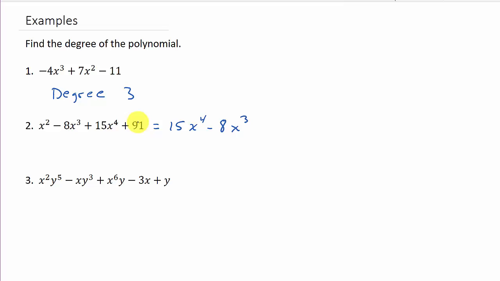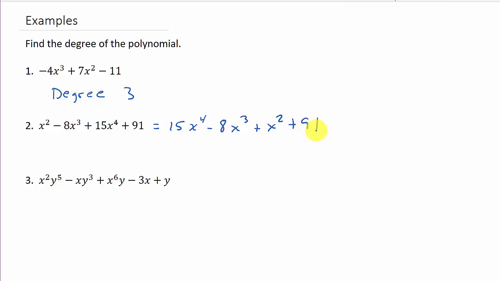But typically there's a lot of problems that when you're working with polynomials, it's good to have them in descending powers, so it's good to get practice to write them in descending powers.